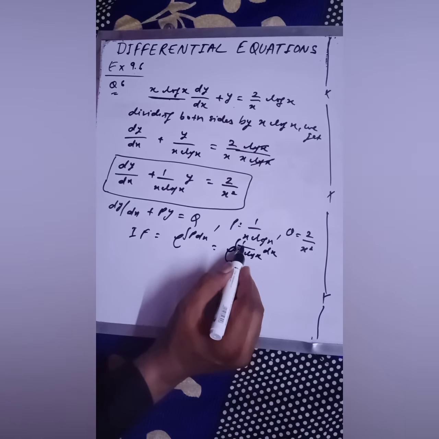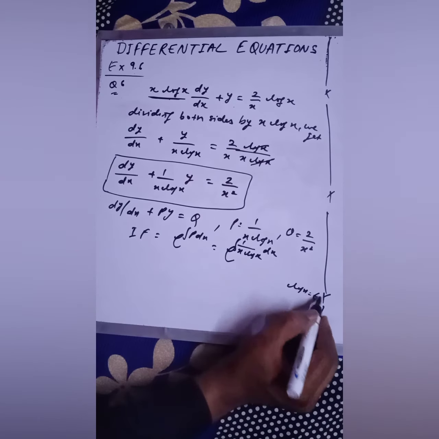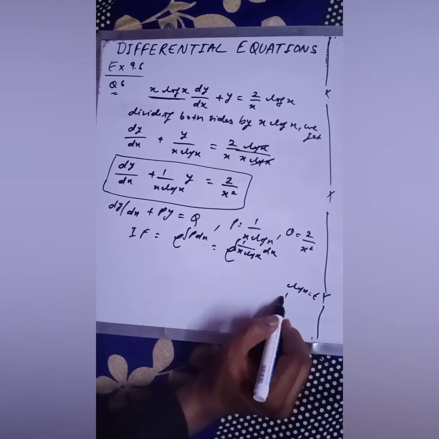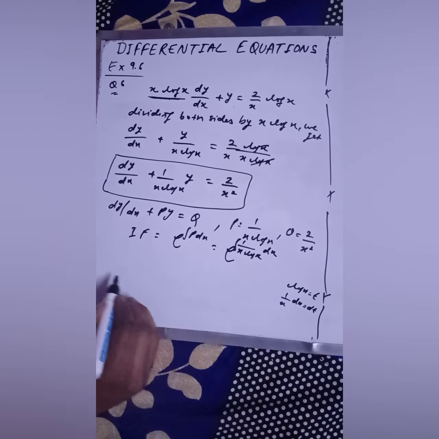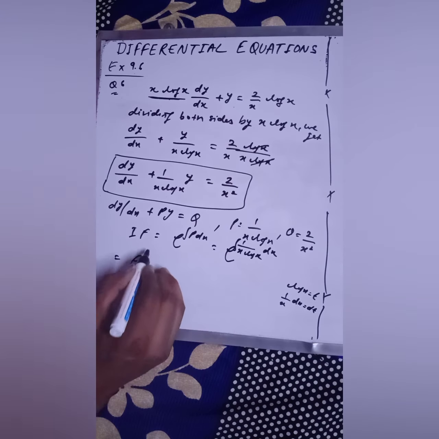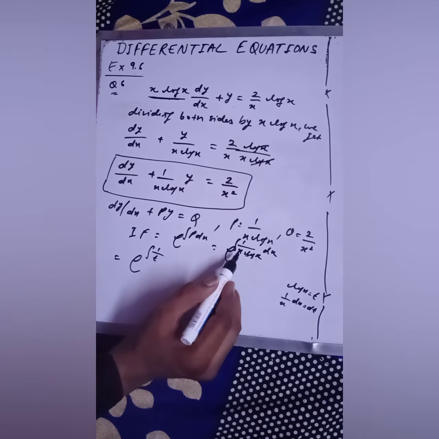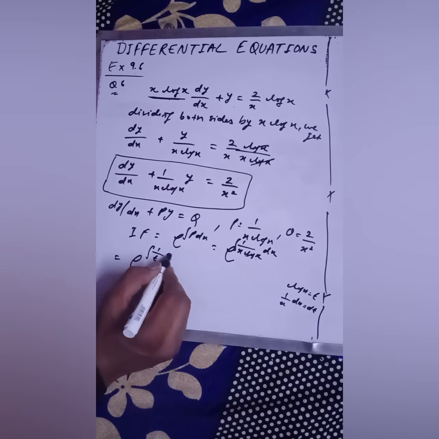So what I'm doing, I am assuming that log x is equal to t. As we do in integration, if you will differentiate, you will get 1 by x dx is equal to dt. So children, your answer will come e raised to power integration of 1 by t, I am putting t in place of log x, and dx by x would be dt.